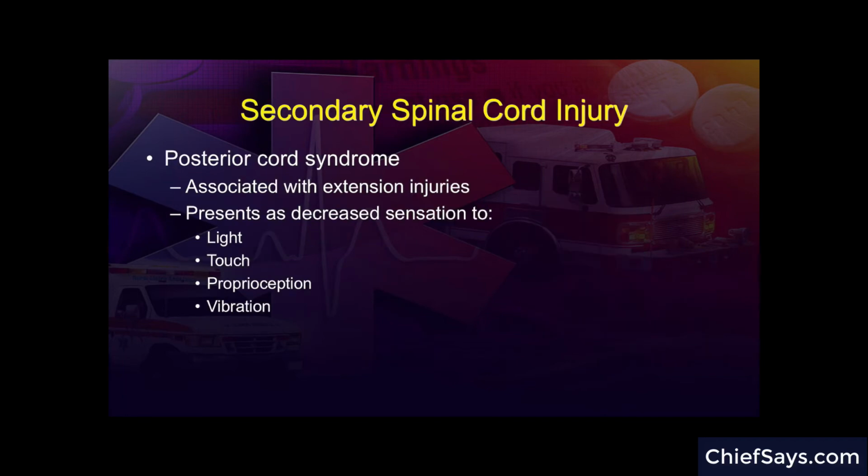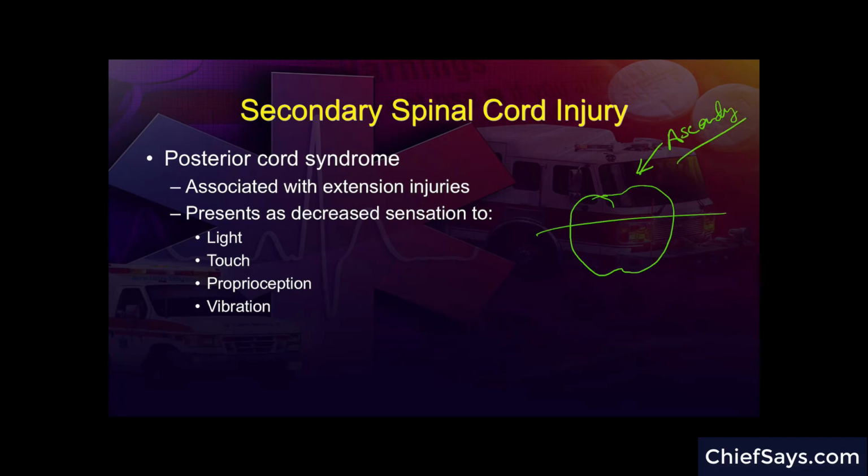In posterior cord injuries, although I must have forgotten to put a picture here for us, in posterior cord syndrome, the patient has lost communication with the posterior portion of the spinal cord. Let me draw my spinal cord here. The posterior portion has primarily ascending pathways, right?